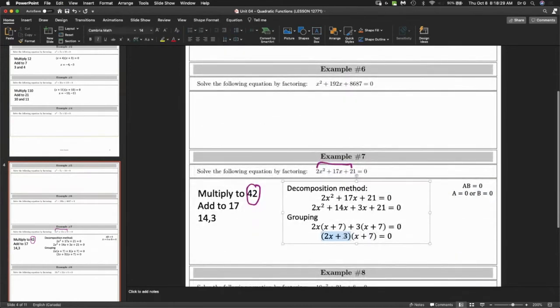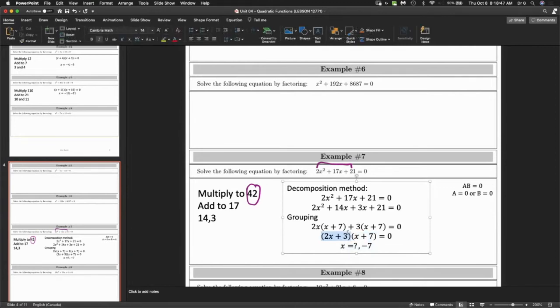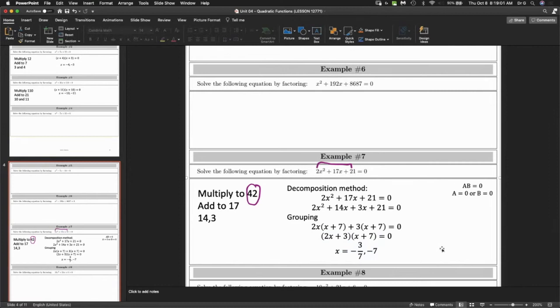So you take this thing here, 2x plus 3, and you set it to 0, or you set x plus 7 to 0. The latter of the two is easy. So this one's -7. That's easy. But this is the one that people often will confuse themselves with, and it's just pretend the 2 wasn't there. If the 2 wasn't there, it would be -3, and then you divide by 7. So those are the two answers to the factoring.